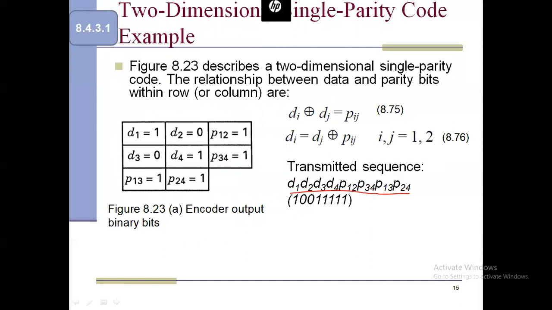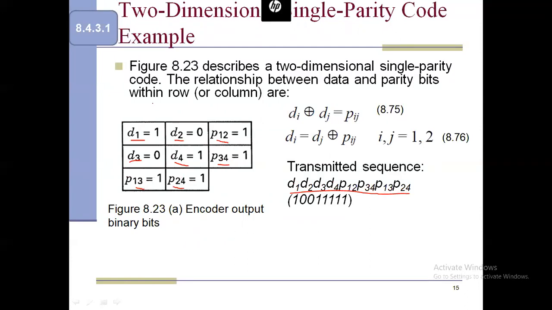And P12, P34, and P13, P24. So that can be written as D1, D2, D3, and D4, and this is P12, P34, and P13, and P24.